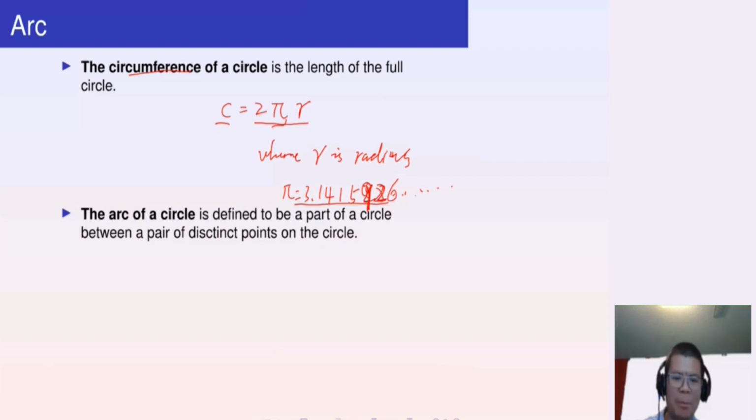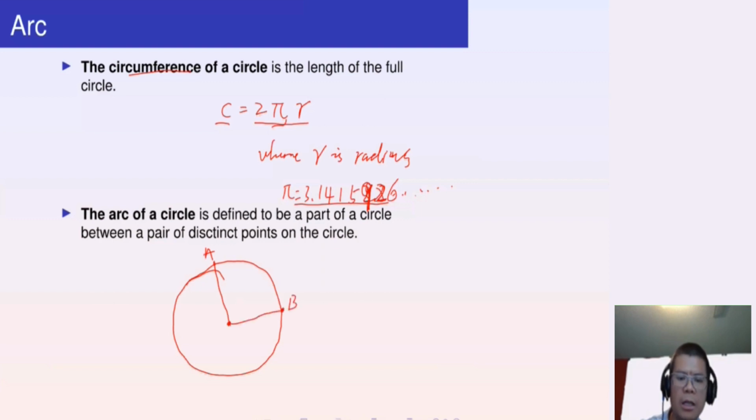So I'm going to draw a circle with a center. Say this is A, and say this is B. So you have two distinct points, and this part of the circle is an arc of a circle.